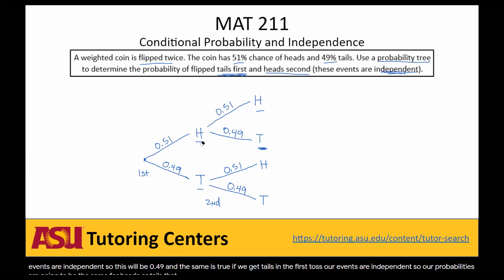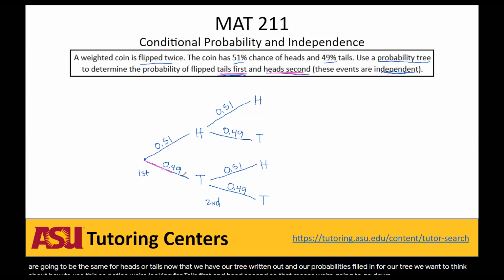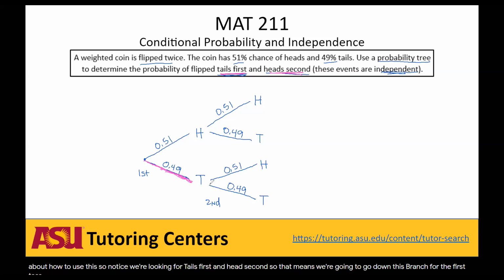So now that we have our tree written out and our probabilities filled in, we want to think about how to use this. Notice we're looking for tails first and heads second. So that means we're going to go down this branch for the first toss, and then we're going to go up this branch for the second toss.